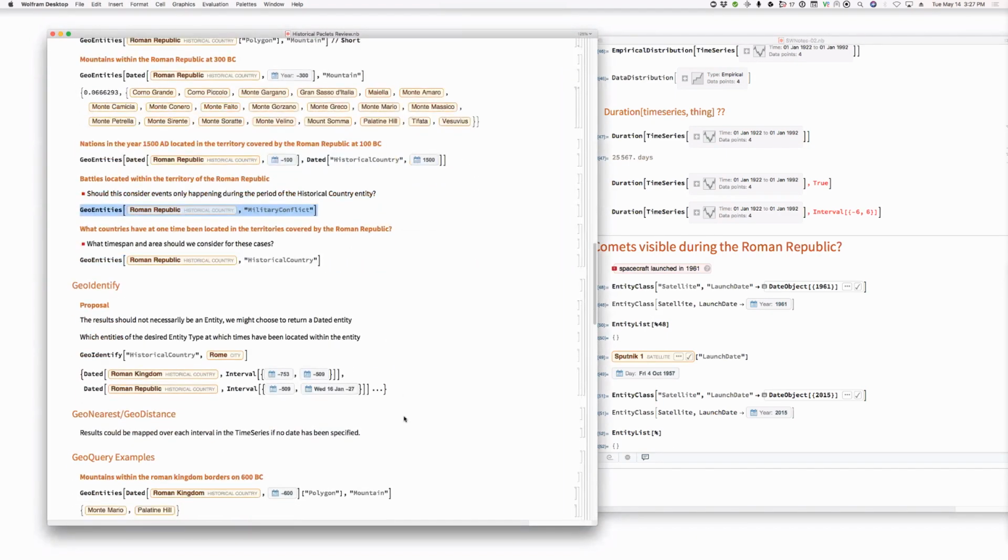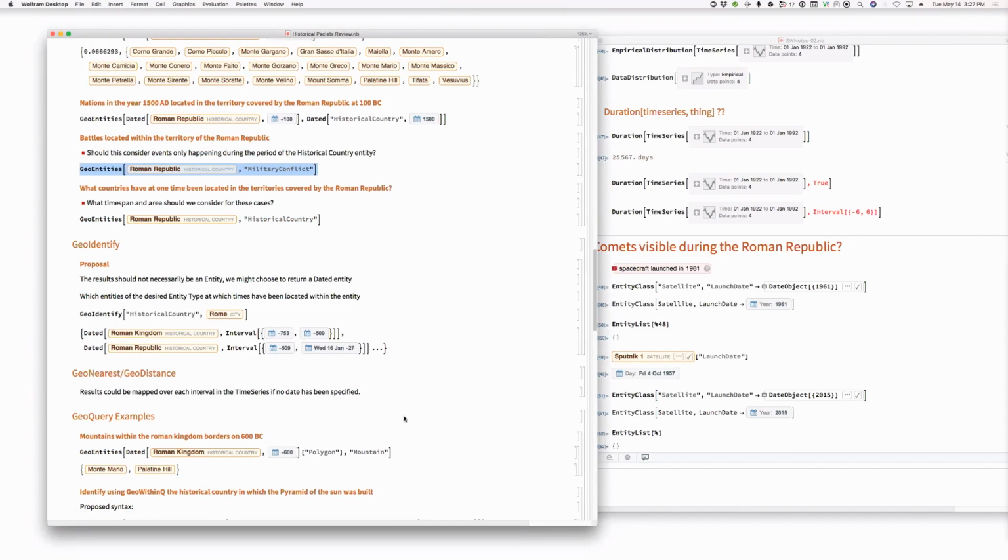Okay, geo-identify. What is this? What I wanted to say is that I'm not always sure that we should have this by default, because how would you specify that you don't want this time correlation between the target and the source?